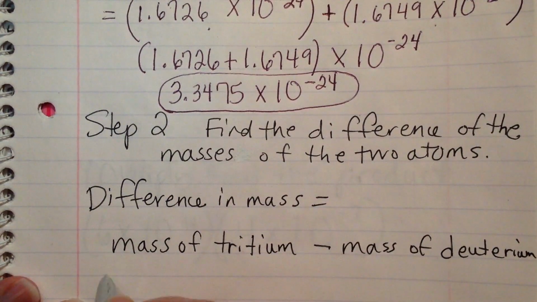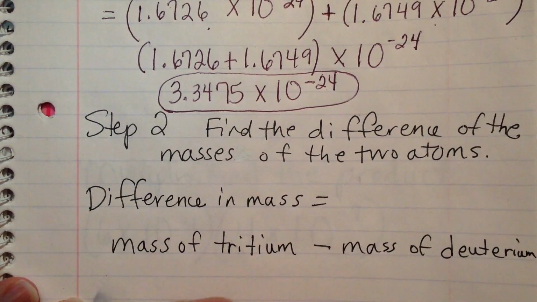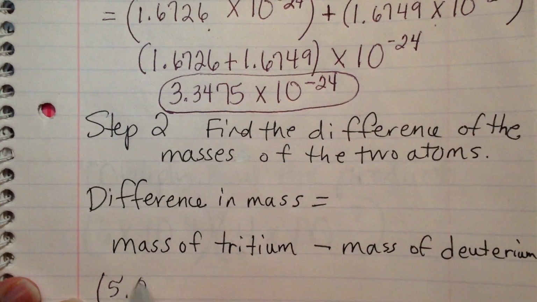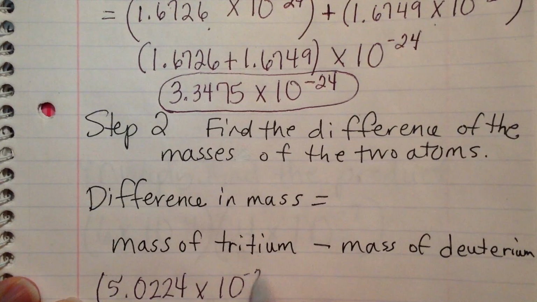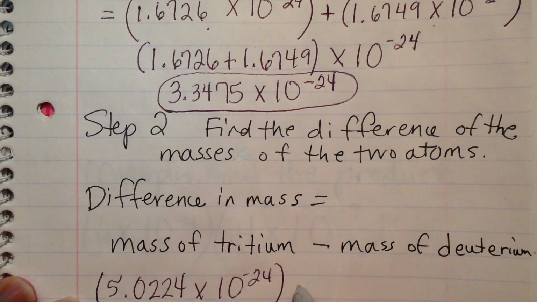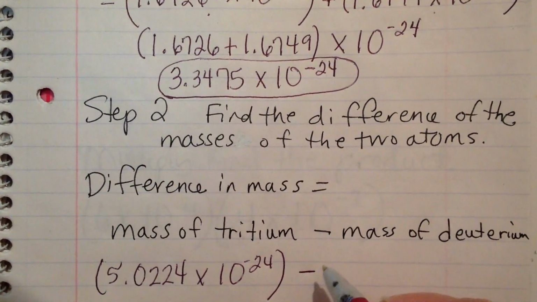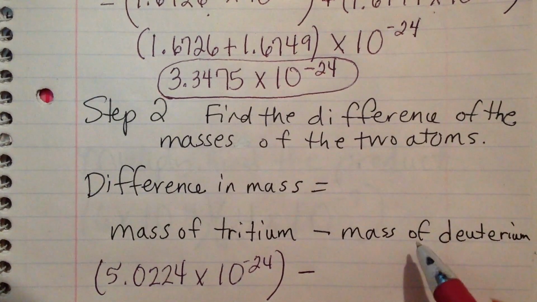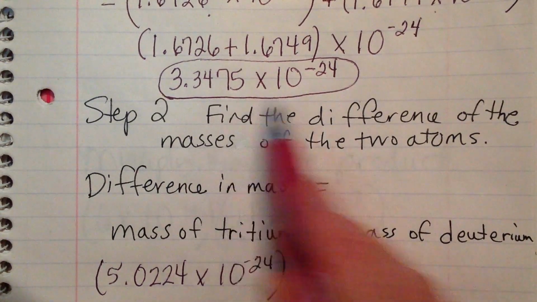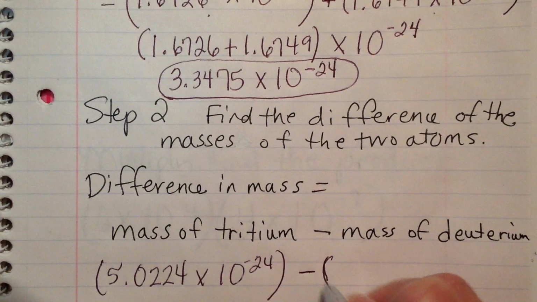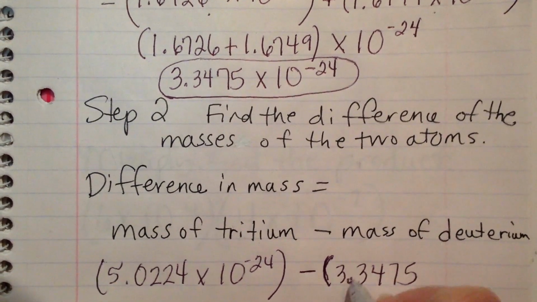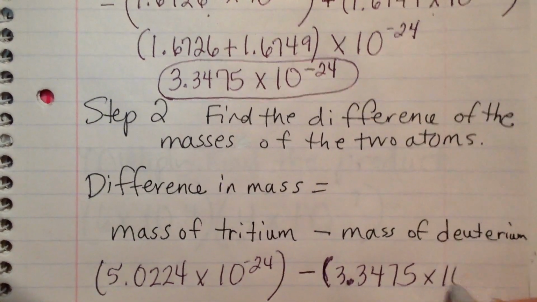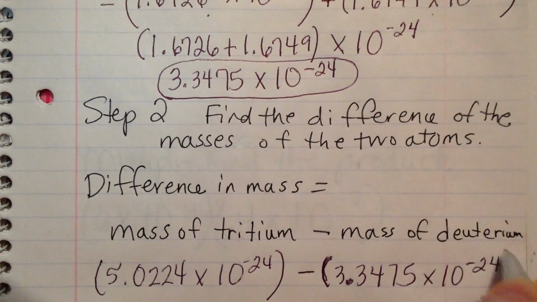So the mass of the tritium is 5.0224 times 10 to the negative 24 minus what we just found out. The mass of deuterium is 3.3475 times 10 to the negative 24.